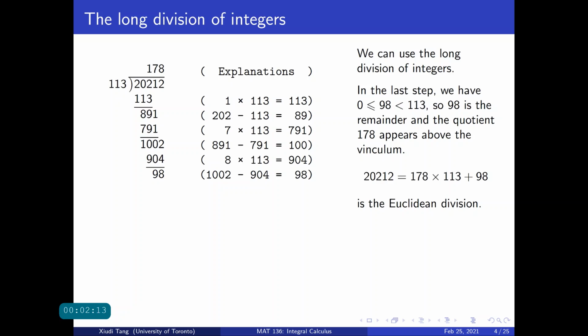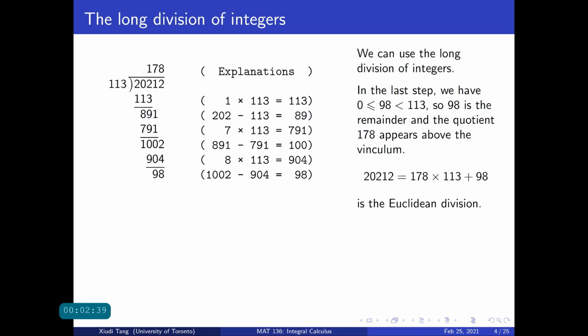So we would subtract from the dividend 100 times 113. We put 1, and we subtract 70 times 113, and we put 7, and then we subtract 8 times 113. We put 8 there.